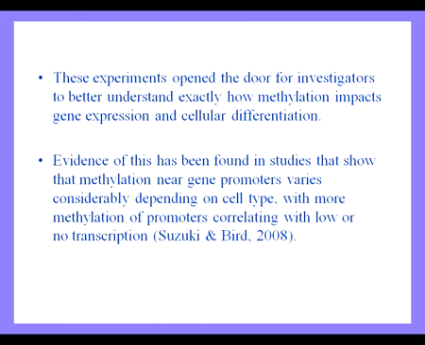These experiments opened the door for investigators to better understand exactly how methylation impacts gene expression and cellular differentiation. Evidence of this has been found in studies showing that methylation near gene promoters varies considerably depending on cell type, with more methylation of promoters correlating with low or no transcription.